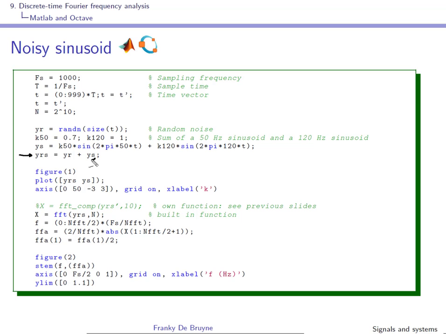This one over here, ys, and you can see that ys is the sum of a 50 Hz sinusoid and a 120 Hz sinusoid, right? And the 50 Hz sinusoid has an amplitude of 0.7 and the 120 Hz sinusoid an amplitude of 1.